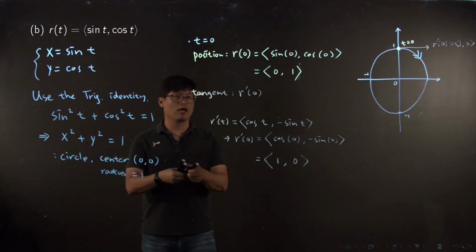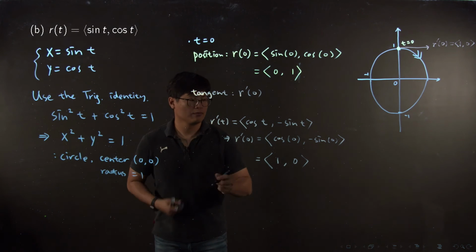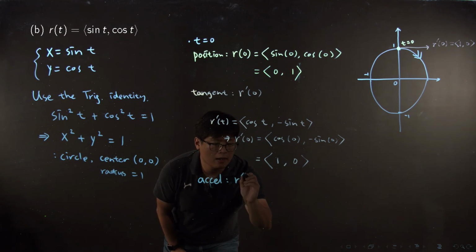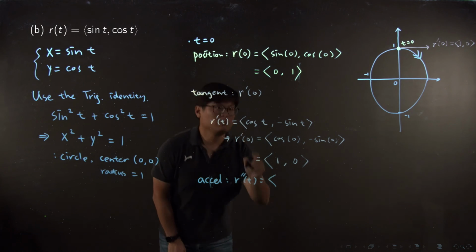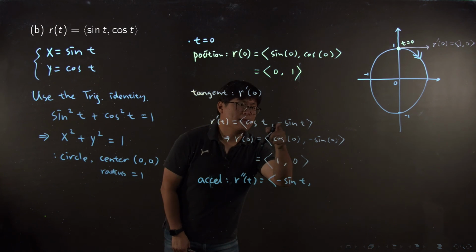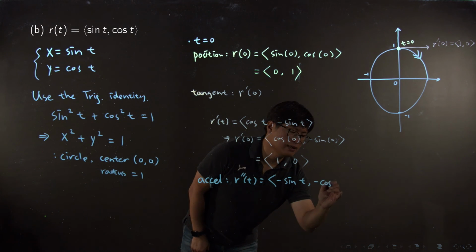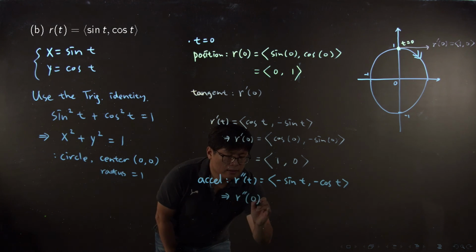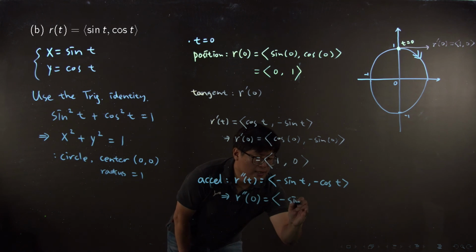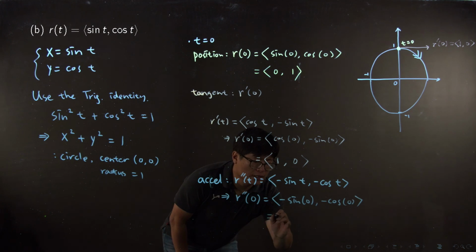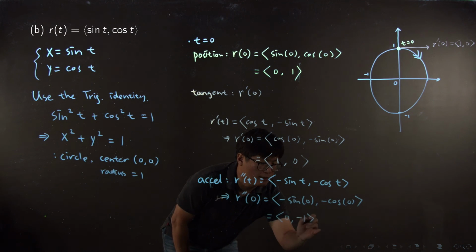So let me calculate the acceleration, r double prime t. Cosine prime is minus sine t, and minus sine prime is minus cosine t. At the same point, we plug in t equals 0 again: minus sine 0 and minus cosine 0, which is (0, -1).